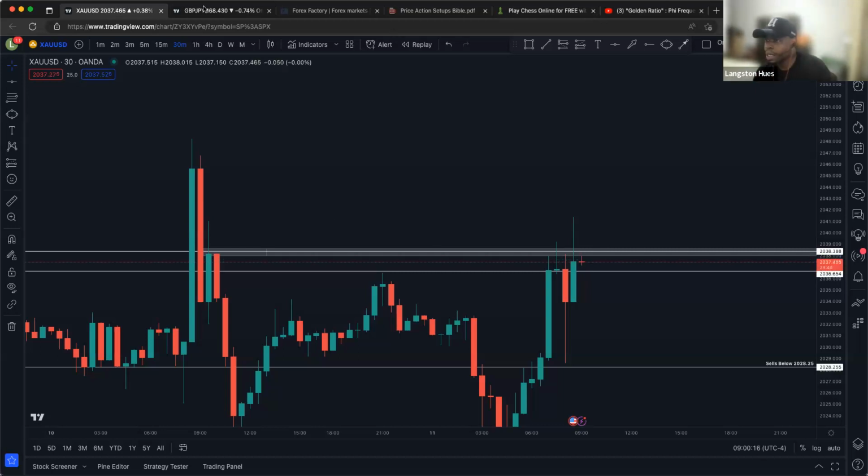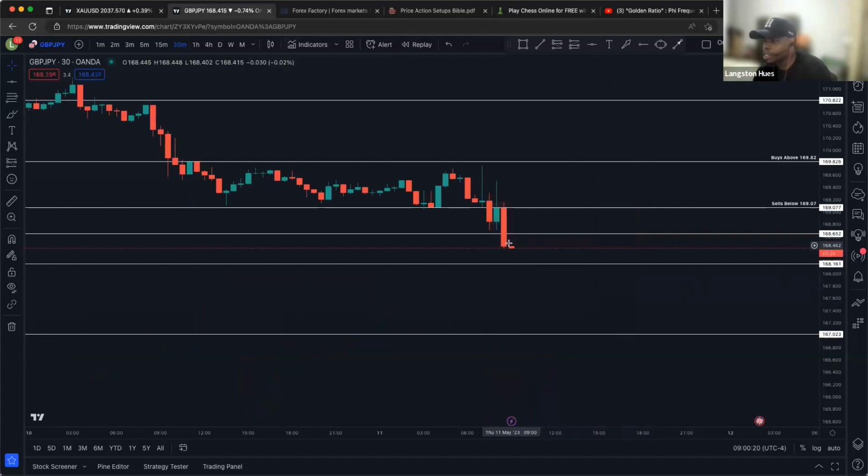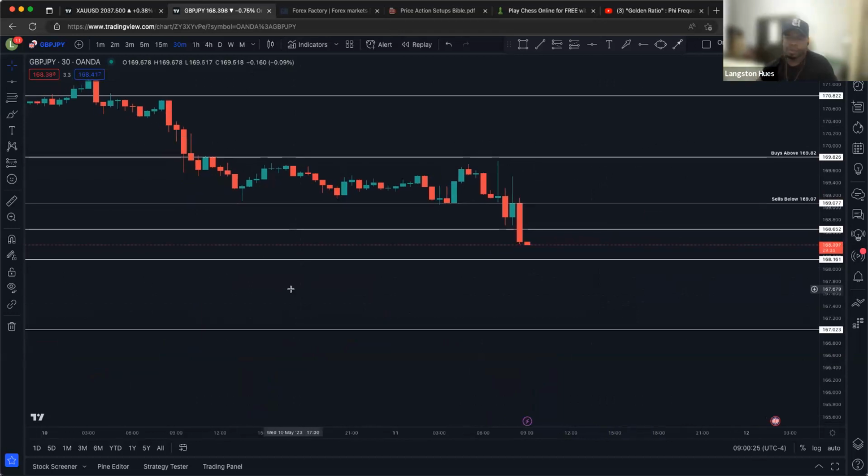So I want to see this create a top wick first. If it drives without creating a top wick, then that's okay. It's not a part of my plan. But if it decides to go back within the next 15, 20 minutes to create a top wick and then come down the drive, then I'm in it.